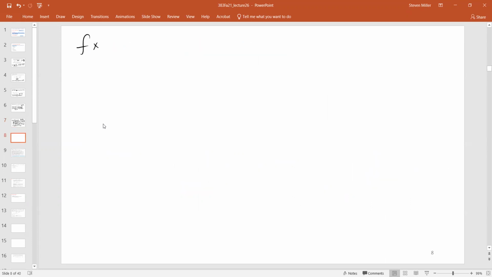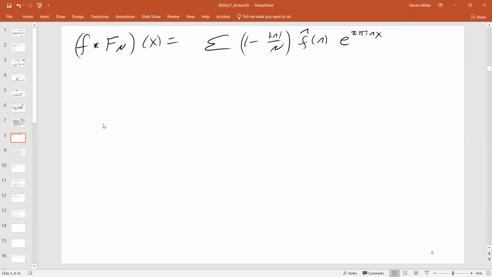So f star F_N at x is basically the sum of 1 minus absolute value of n over N times f hat of n e to the 2 pi i n x. And I think if I write it like this, negative N to N, I'm okay. Because now I'm not double counting n equals 0.